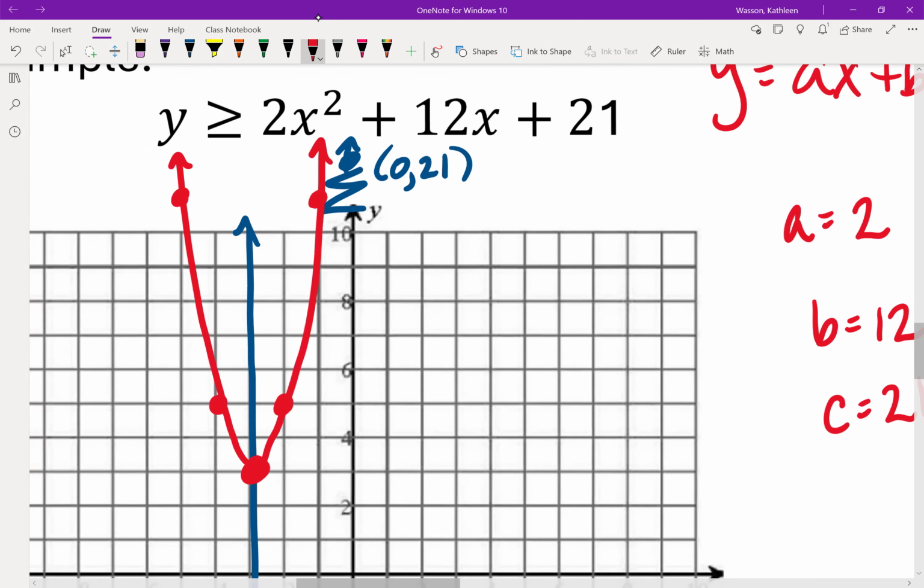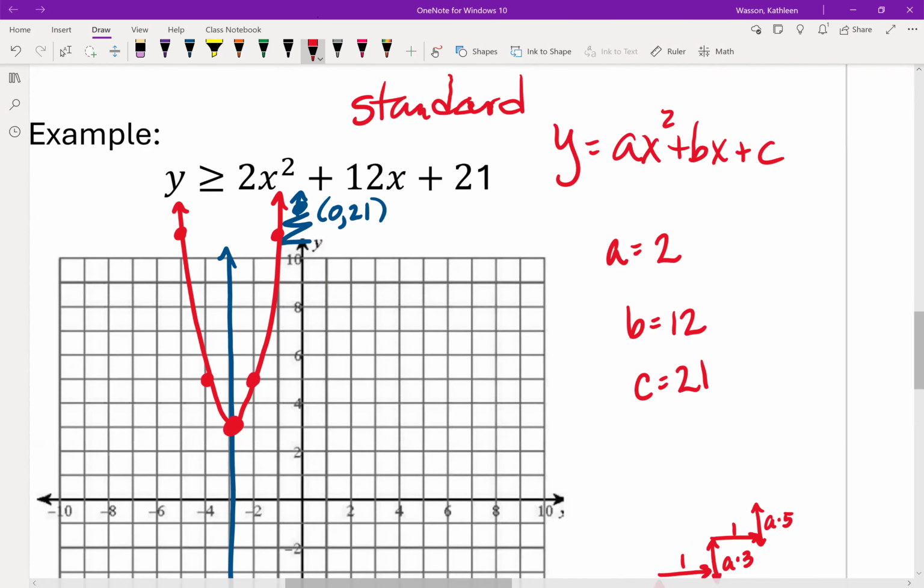Since this is not an equation, I'll have to shade my solutions. I did a test point and it was true. I'm going to do a test point that's false. So let's pick 0, 0.